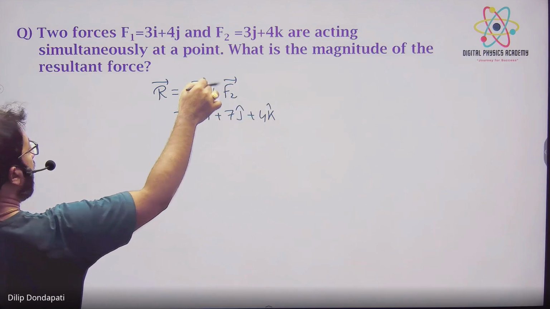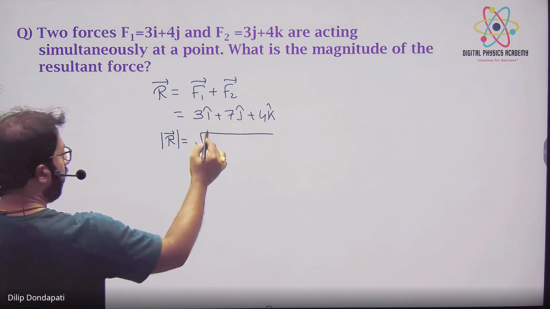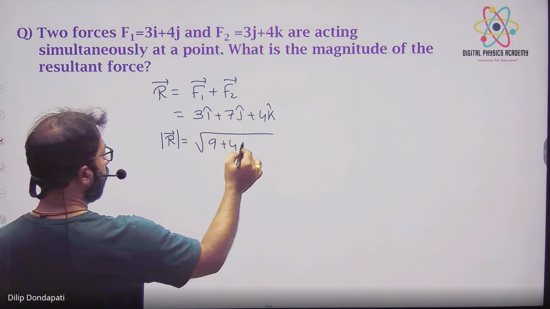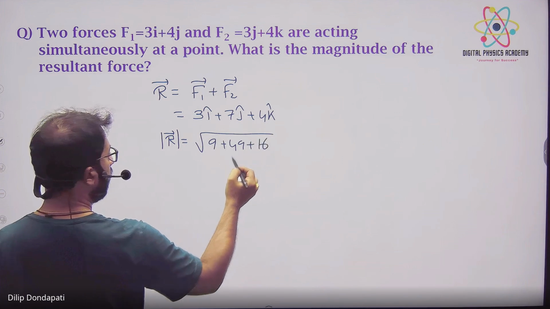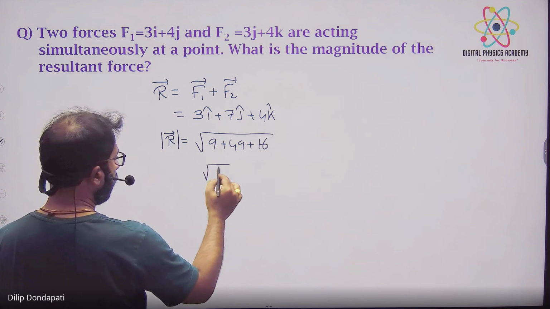But he's going to find the magnitude of this resultant vector. Under root 9 plus 49 plus 16. So 25, 74. Root 74.